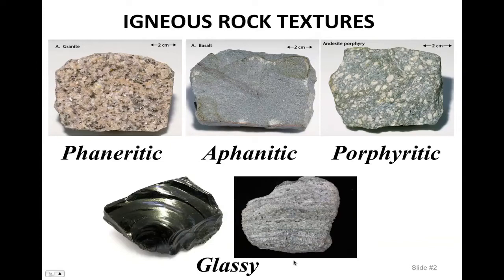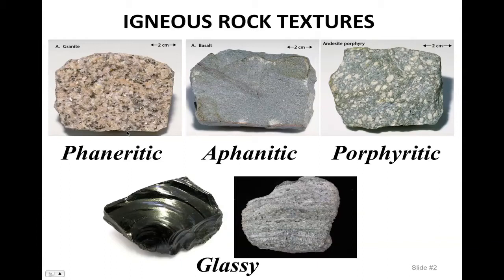The top textures in this slide, phaneritic, aphanitic, and porphyritic, all have to do with the speed of cooling as well. The larger the crystals, the slower the rock has cooled. So granite, as shown in this particular sample, there's several different types of phaneritic igneous rocks.